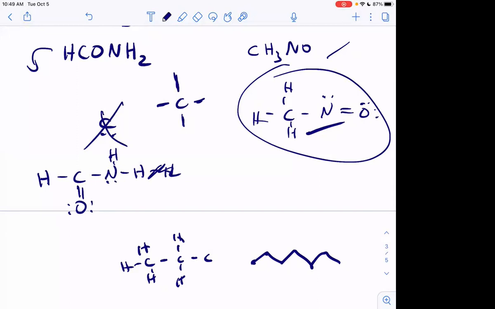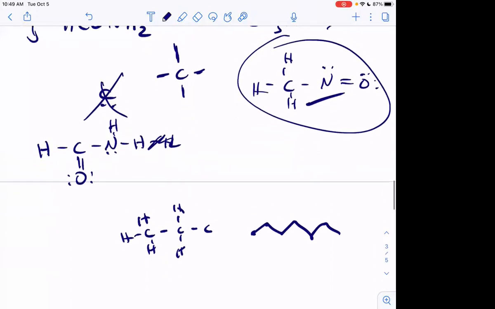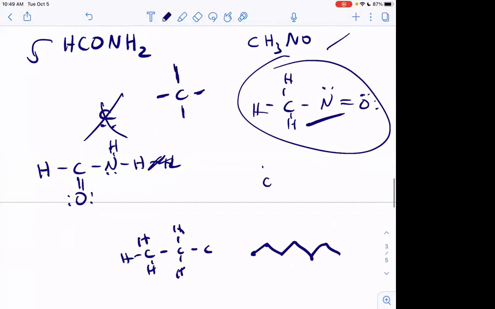Did anybody get the other one? There's another one. What's that, Andrew? Carbon double bonded to an oxygen, and the carbon is also double bonded to a nitrogen. 2 hydrogens on the oxygen. That's too many bonds on the oxygen. That's where you run into problems there.